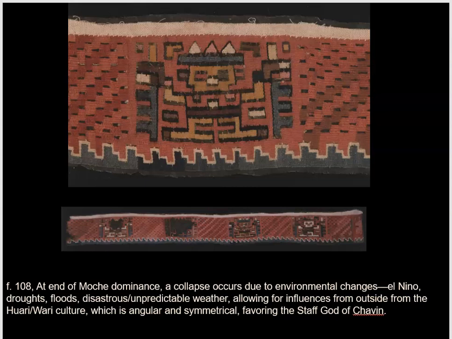And in figure 108, which is a textile, and we do not have many surviving textiles from the Moche culture, this is one of them. It was a portion of the hem of a mantle, of a cloak, and in it you can see the staff god. The presence of the staff god in Moche now, however, is due to exterior influences coming in from the Wari.